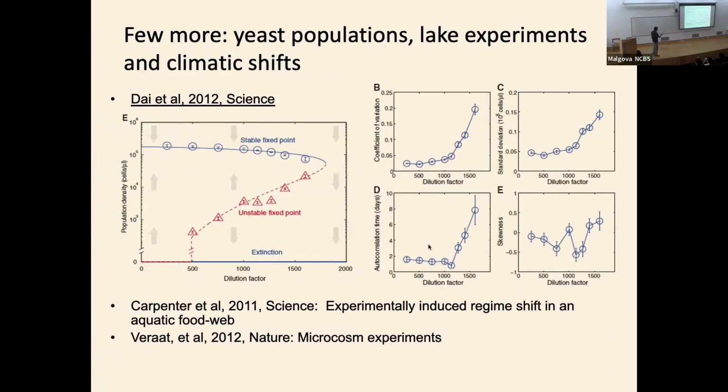I would encourage you to read these papers because you see these beautiful bifurcation diagrams in very simple mathematical models. There are also experiments one can do with microbes, smaller organisms, and in fact there is a paper where they induced a large-scale regime shift in a lake, not only in smaller beakers, and they found similar results.